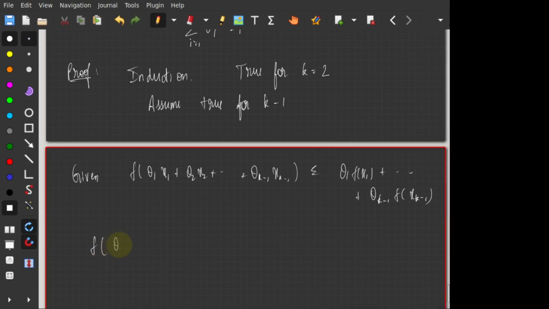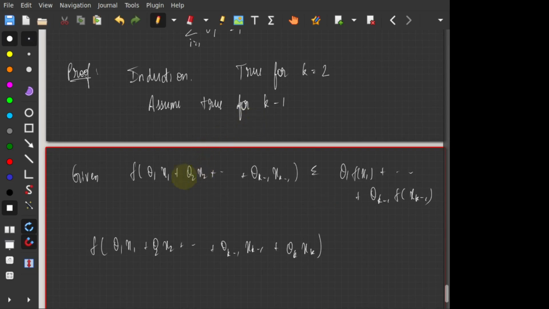What you want to show is that f of theta 1 x1 plus theta 2 x2 up to theta k minus 1 xk minus 1 plus theta k xk is less than or equal to summation theta i f of xi.